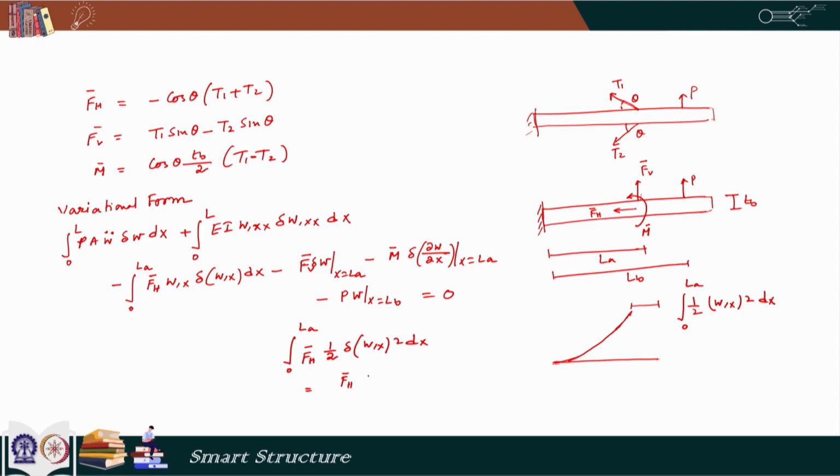So, finally, the expression becomes w comma x multiplied by variation of w comma x dx. So, that is here.